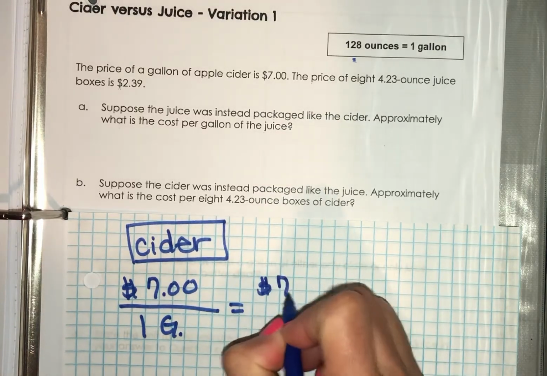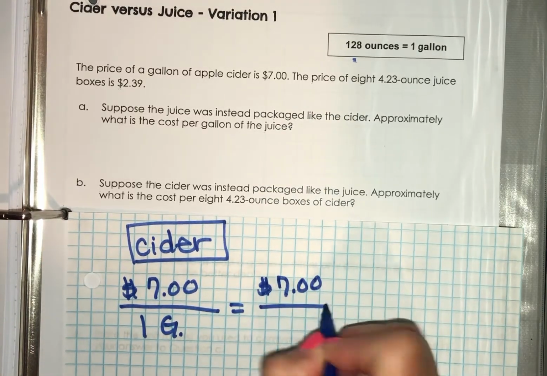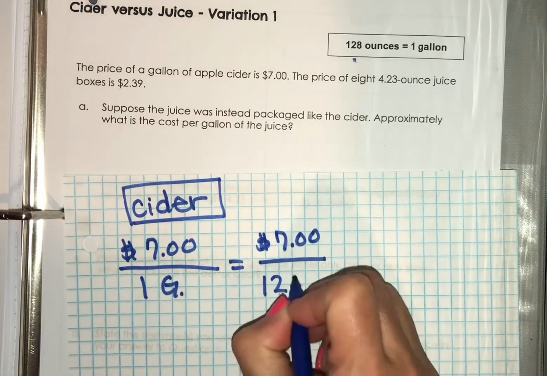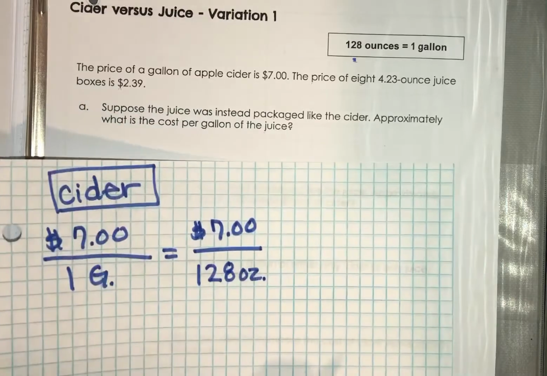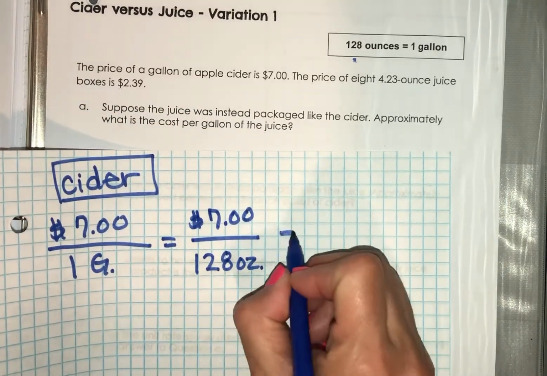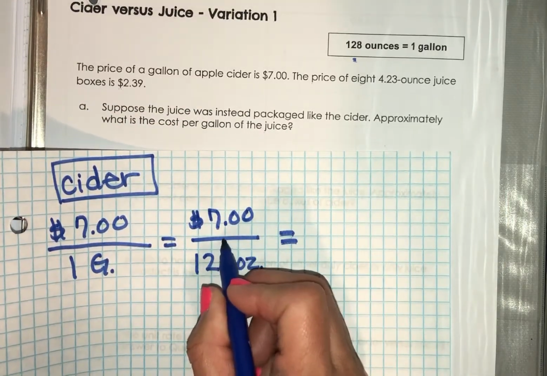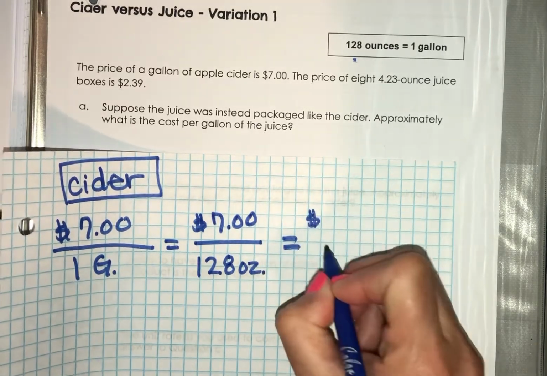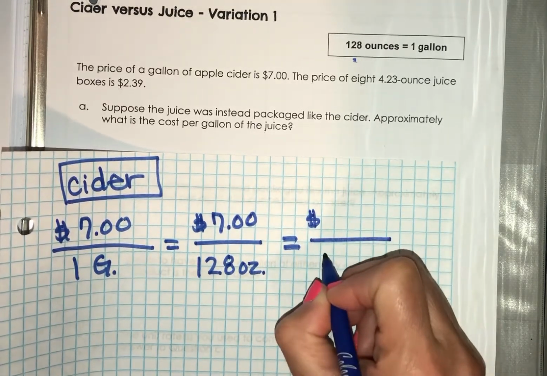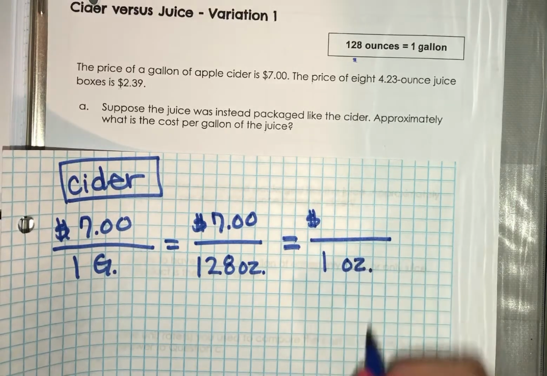So $7 over 128 ounces. We're going to divide $7 by 128 ounces. That's going to give me my price per 1 ounce.